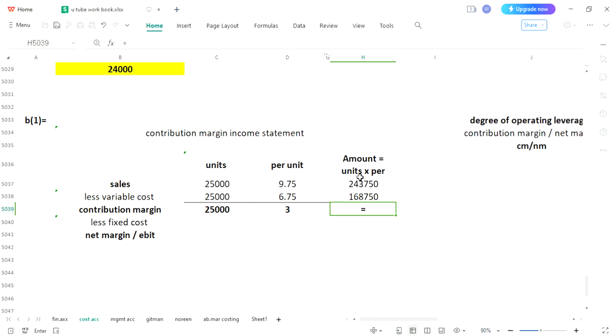Now contribution margin. There are two methods. You can calculate by multiplying units and per unit. Units over here are 25,000, multiplied by per unit contribution margin written over here, 3. So this is the first method to calculate contribution margin. The second way is just to subtract your variable cost from sales. The amount of sale is mentioned over here, 243,750, and you subtract variable cost 168,750.